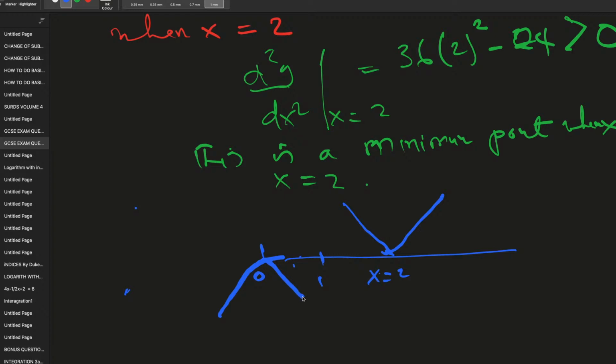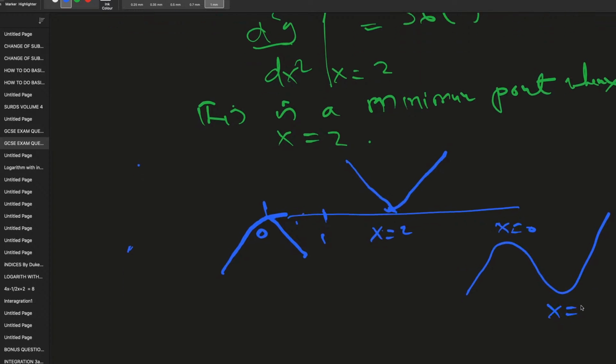So it is roughly a cubic curve, something like that. There is the maximum point at x equals 0 and the minimum point at x equals 2, since the second derivative was greater than 0 there.